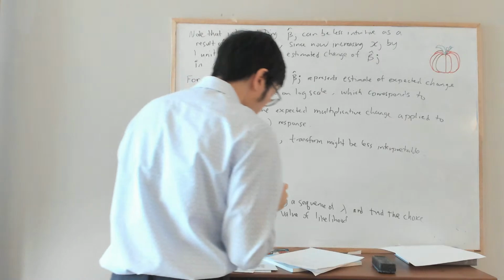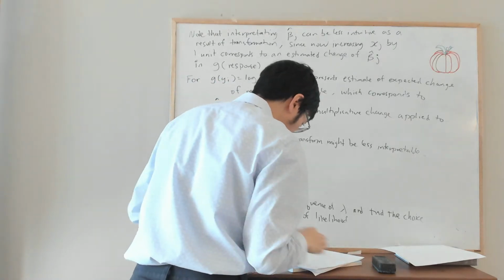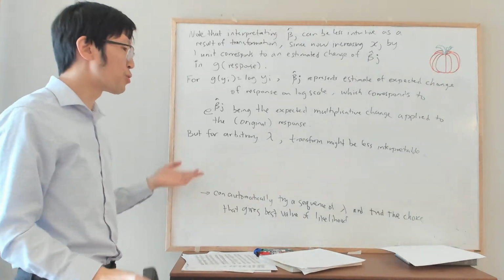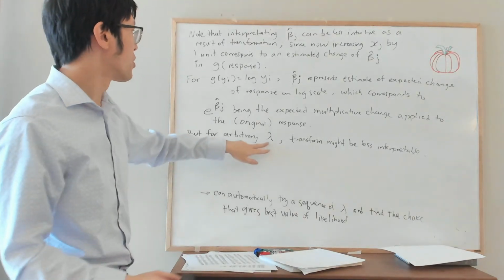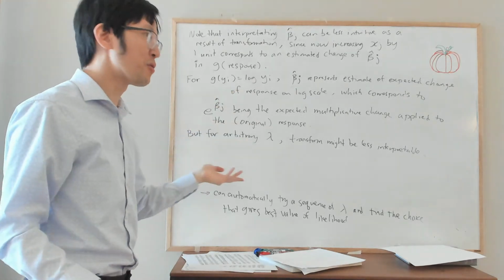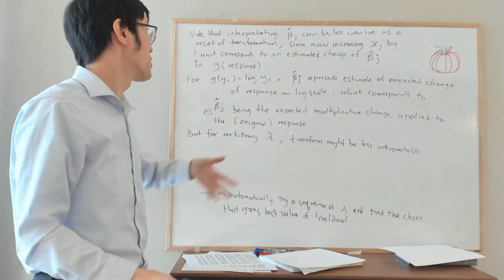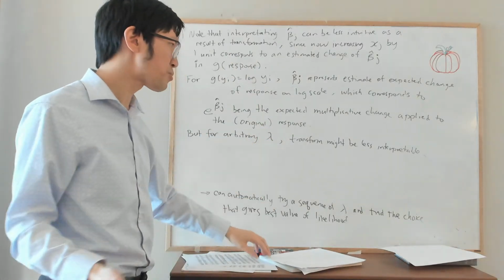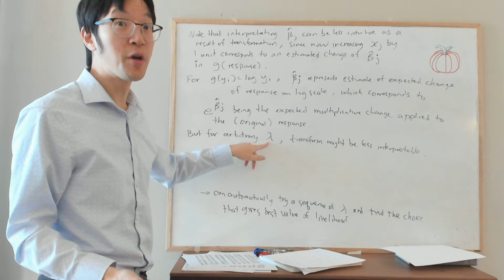Okay, so we wanted to make that as a note of caution. If it's important to have an interpretable model, then we might want to use values of lambda that are easily understood, like log or inverse or square root even. But of course, there's no guarantee of that.